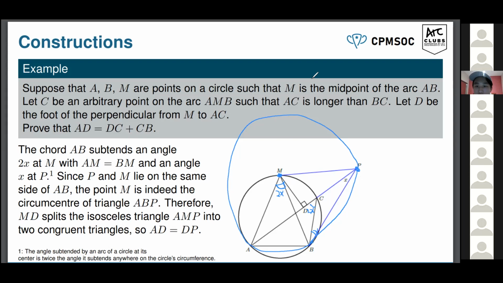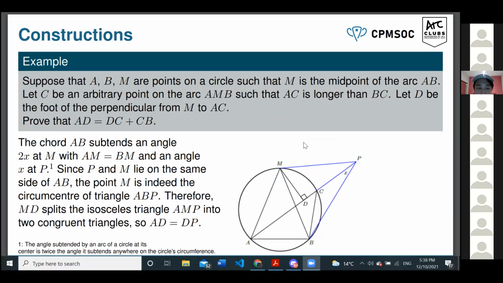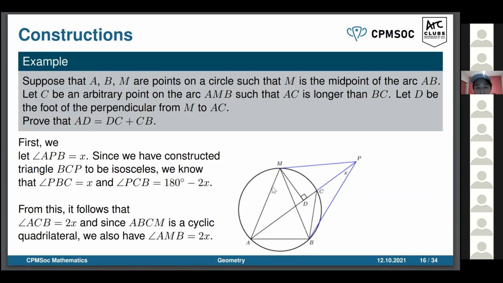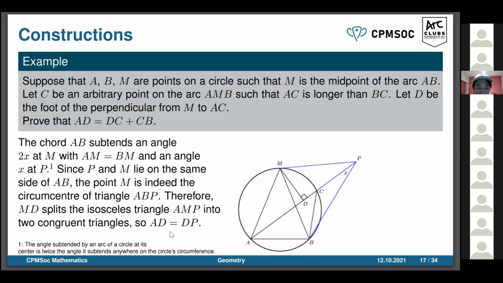And then we know that AM will be equal to MP. Wait, actually ignore that. That's basically what we have to prove. So we want to prove that M is the circumcenter of triangle ABP, and we have proved it with this property.